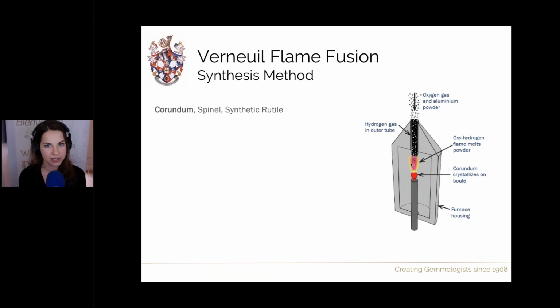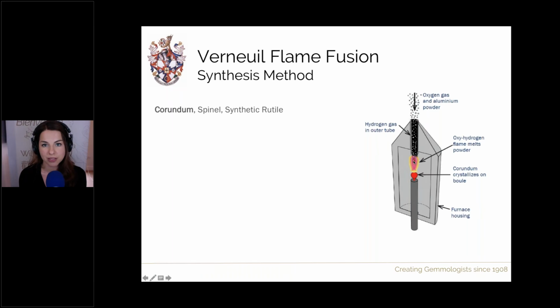If you're making corundum, that will be aluminium oxide, so aluminium powder with oxygen gas, and then any colouring element you need, chromium if we're making ruby. That will then fall onto a high temperature oxygen flame. The temperature depends on what you're making, but for corundum, that will be 2045 degrees Celsius.